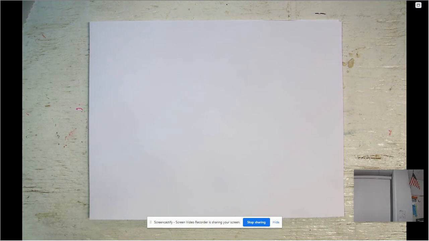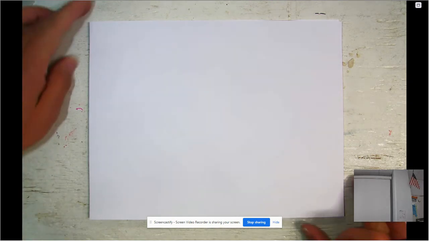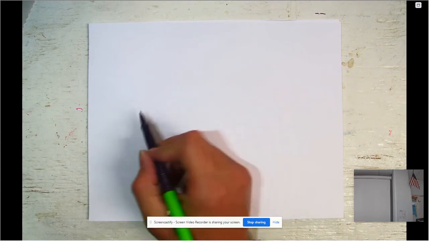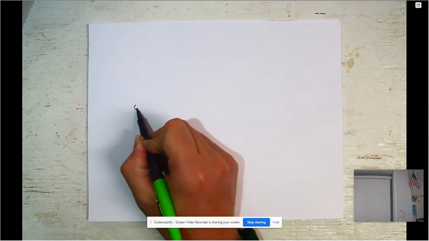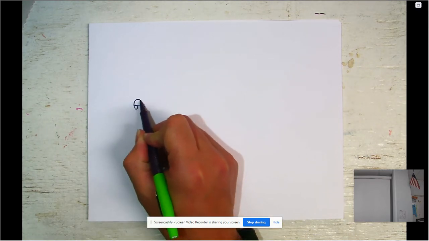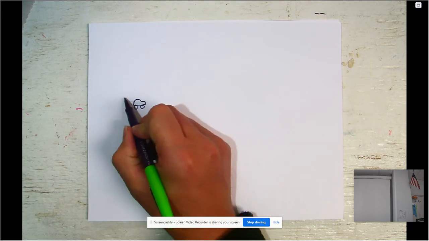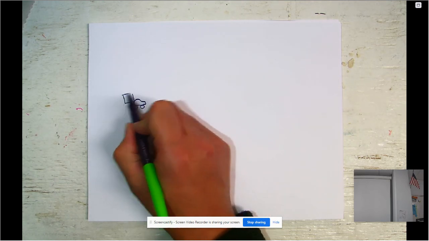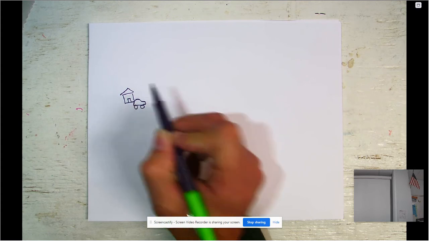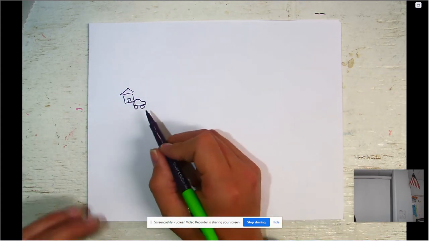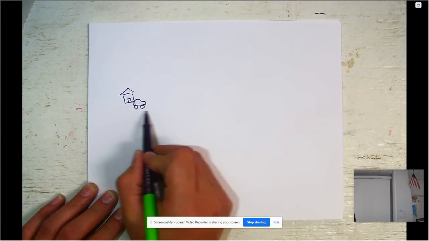Okay, so I think probably the easiest way to look at motion is if we had a car. So let's assume that we were in a car. Here's our little car. We are leaving a house. So here's our house, the house we live in. So we're going to leave the house and we're going to drive on the road.